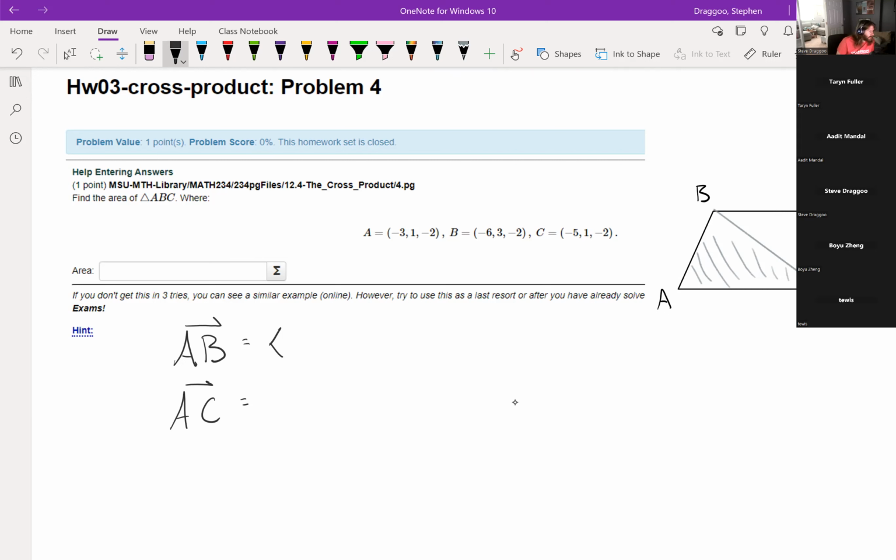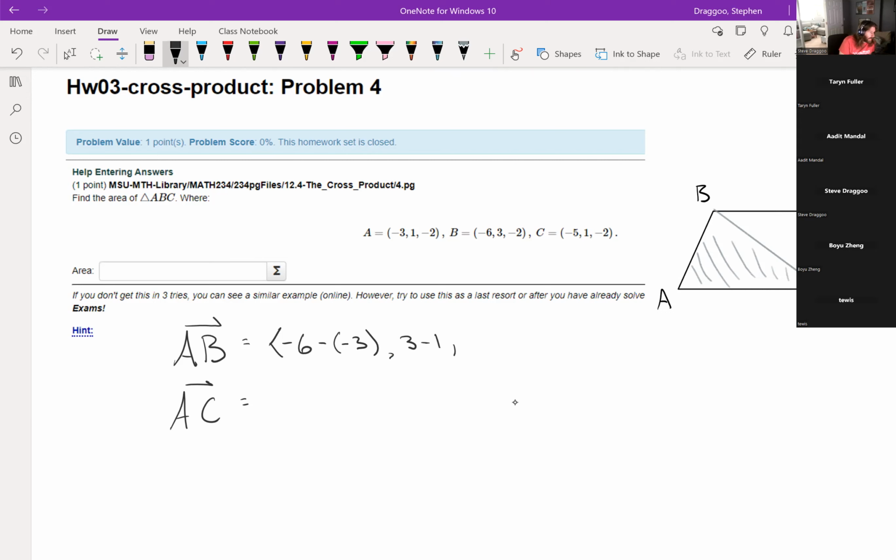Right. Let's have at it. Like I said, without further ado, and then I had a lot more ado. Okay, the vector AB. Starting at B and subtracting away A, I'll get -6 minus -3. Then I'll have 3 minus 1.